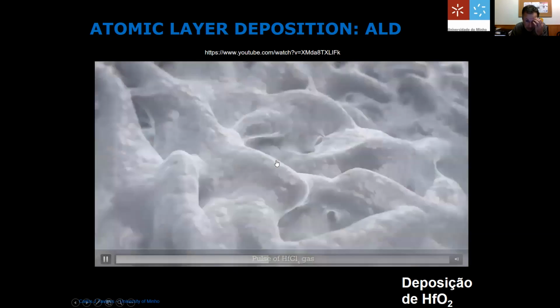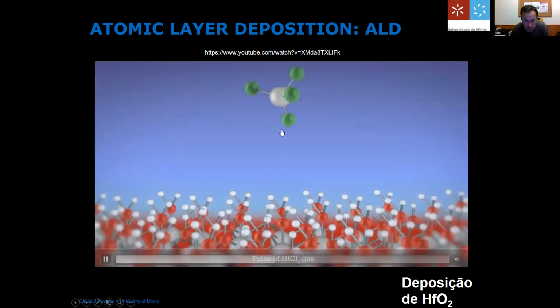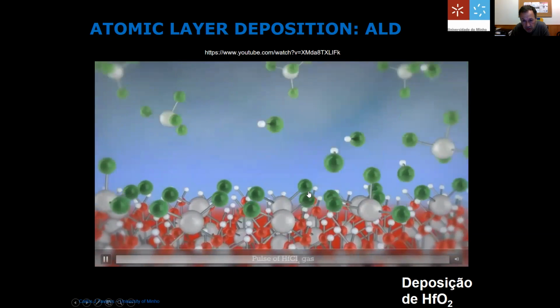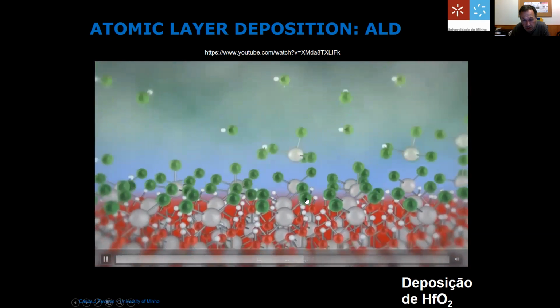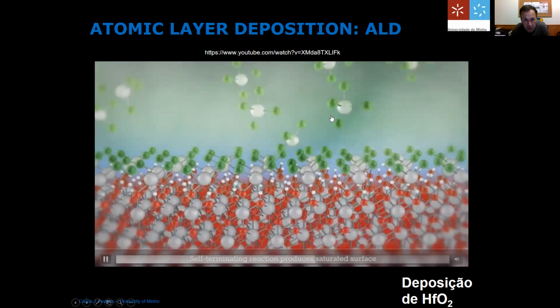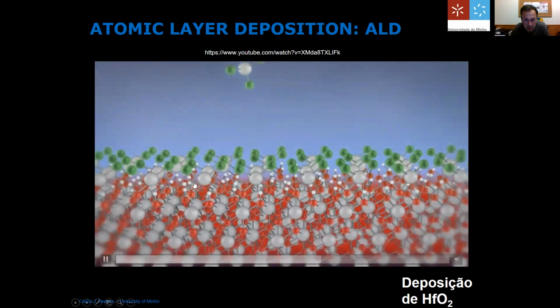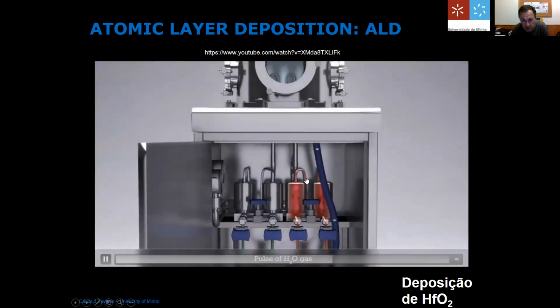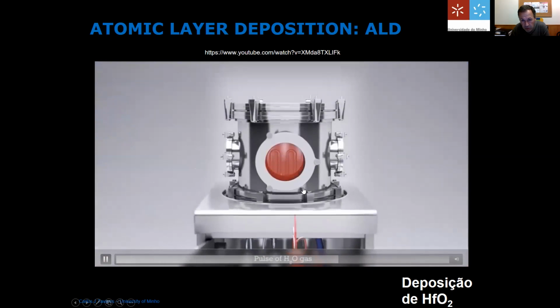You have to remove the Cls, but it's easy because if you have hydrogen, then hydrogen will bond with Cl and form HCl, and you can easily remove it.